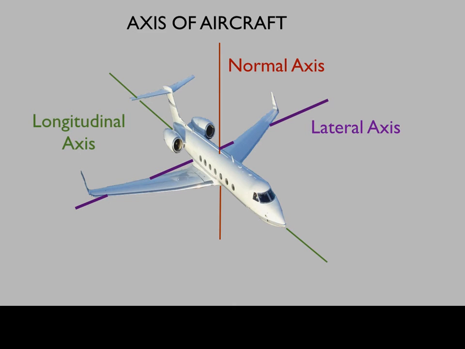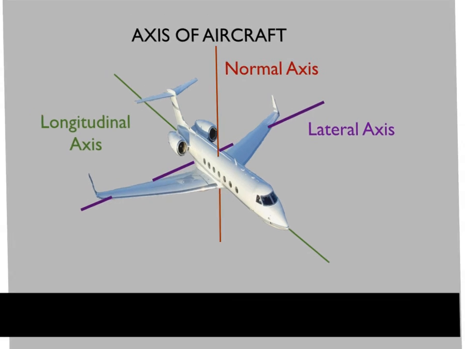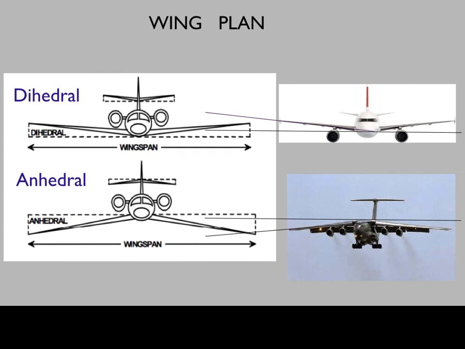The next one which I want to explain is the wing plan. It is the tilt of the wing with respect to the lateral axis. If the wing were to be tilted upwards with respect to the lateral axis, it is called the wing dihedral. And if the wing were to be tilted at an angle lower than the lateral axis, then it is called the anhedral.